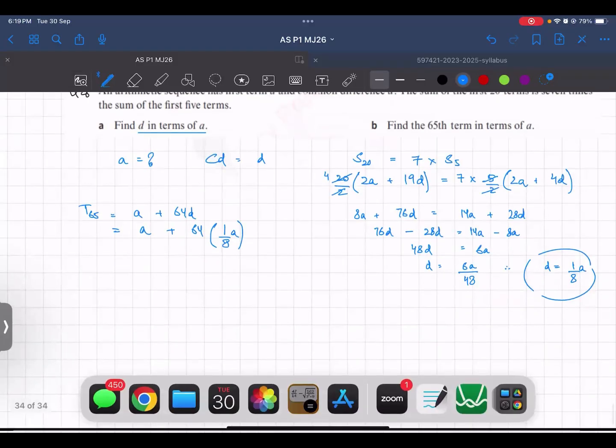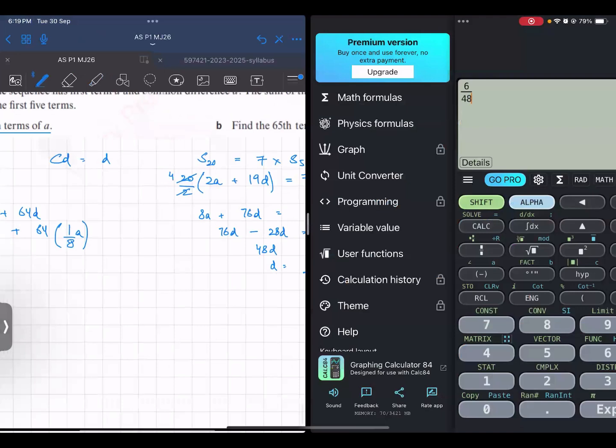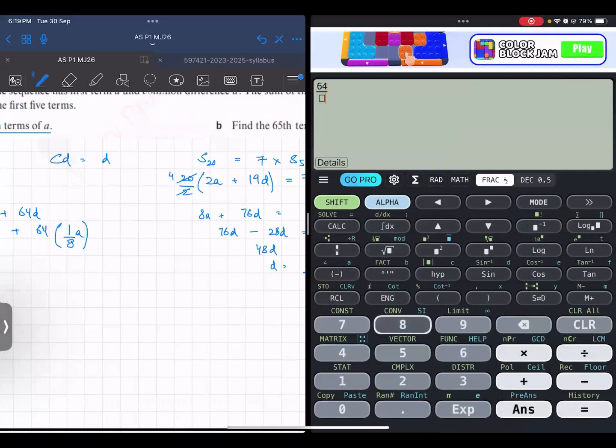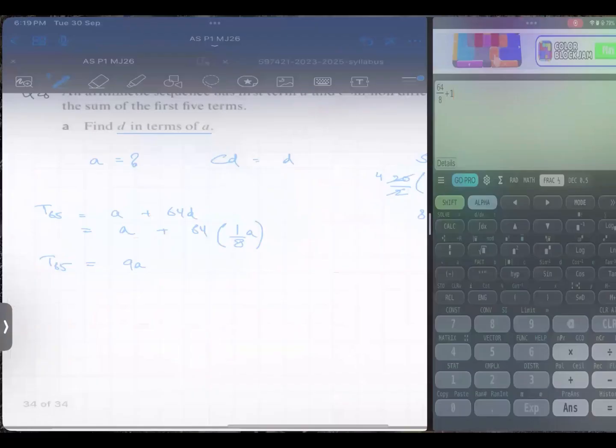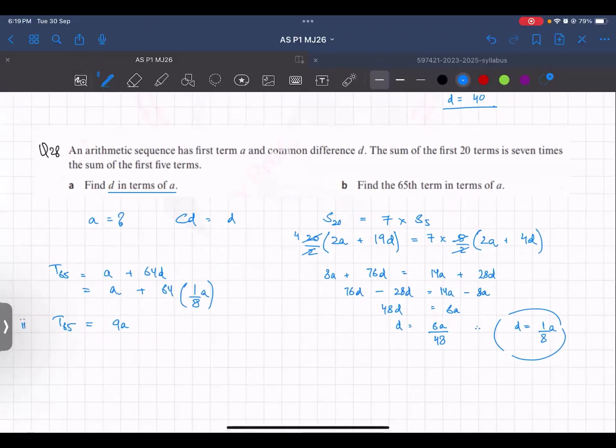And so then you will get 64 divided by 8 and then plus 1. So you will get 9a. This is your 65th term. The answer to your second one, and this is the answer to your first one. Okay?